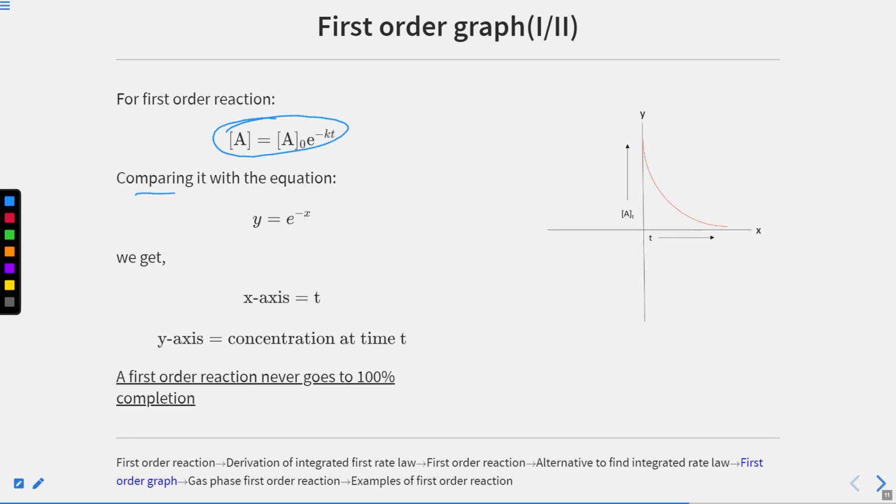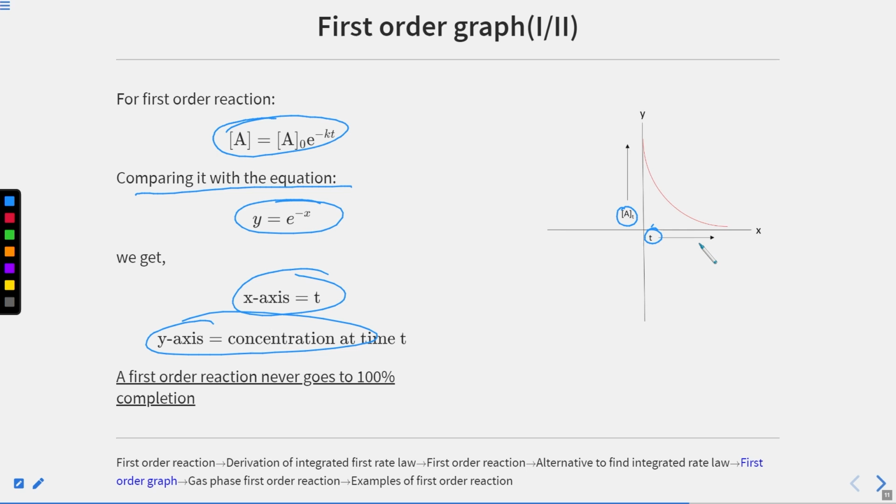If you compare it with y is equal to e to the minus x, you will get x-axis as t and y-axis as concentration at time t. Now if you plot this graph, y is equal to e to the minus x is the original graph that we have. So we'll compare it with this, and this will form this kind of graph.